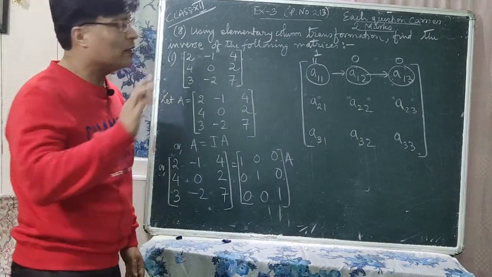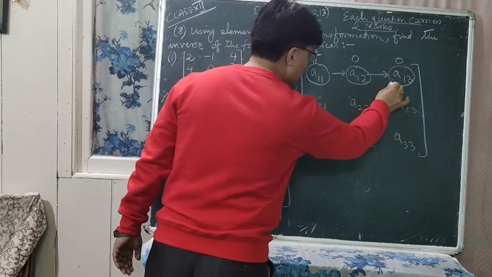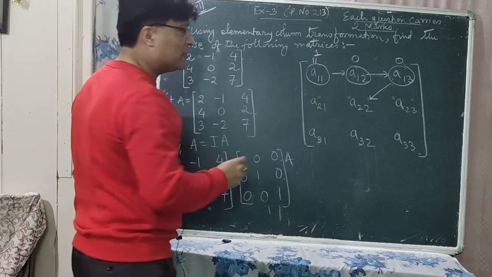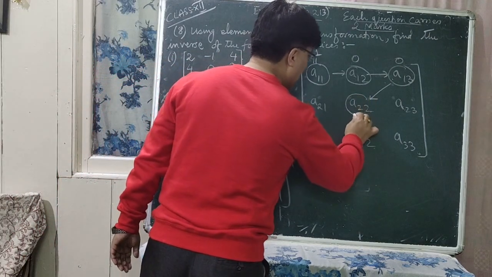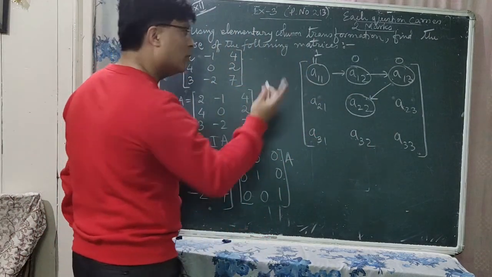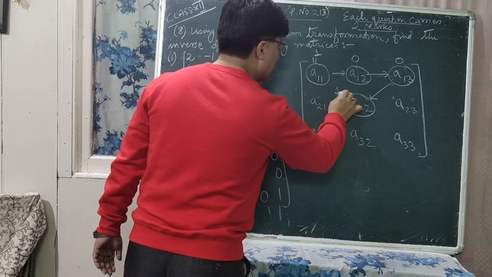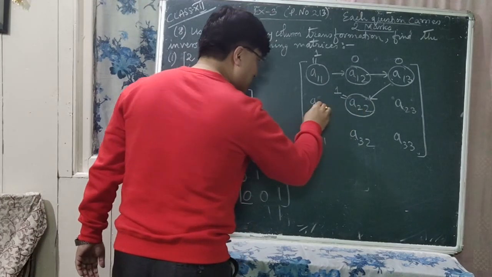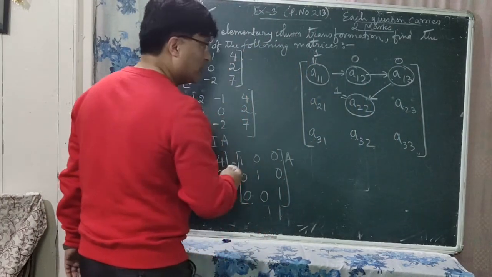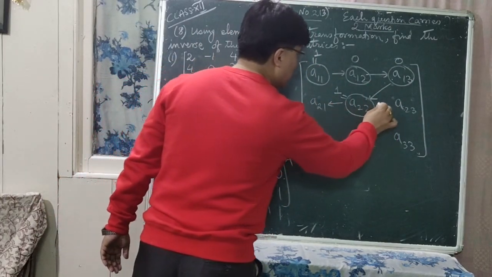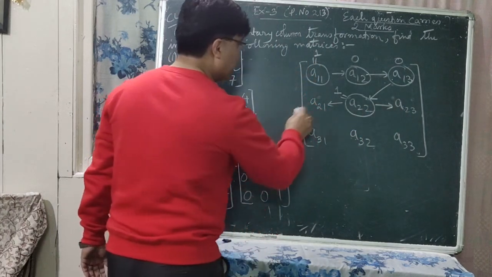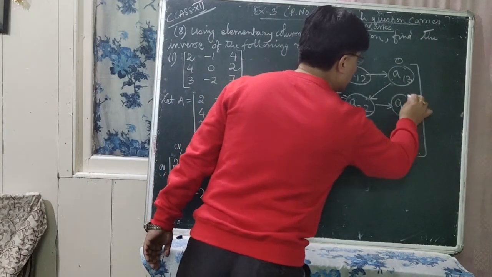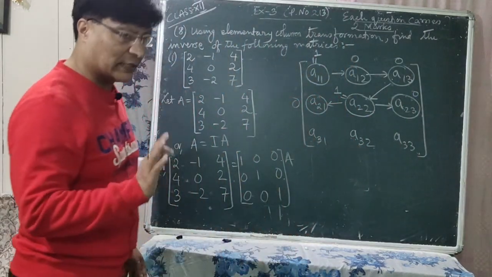Is that clear? Next, we come to A22. Now we have to make this element A22 1. As soon as it becomes 1, the other two elements, A21 and A23, must be made 0. Okay?